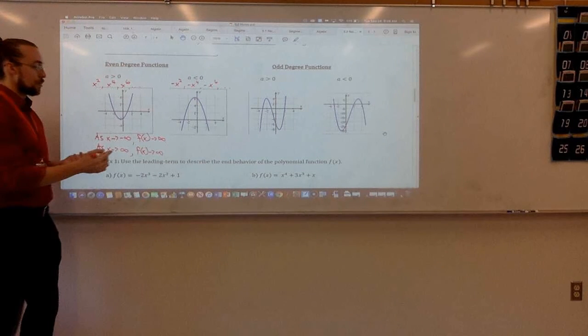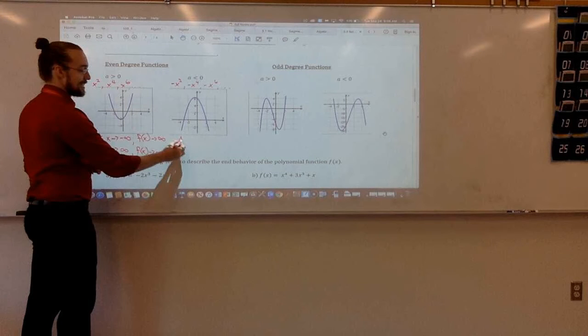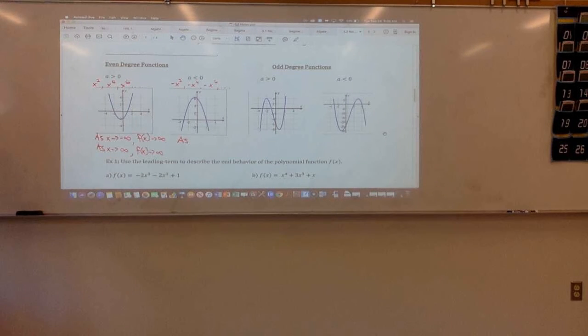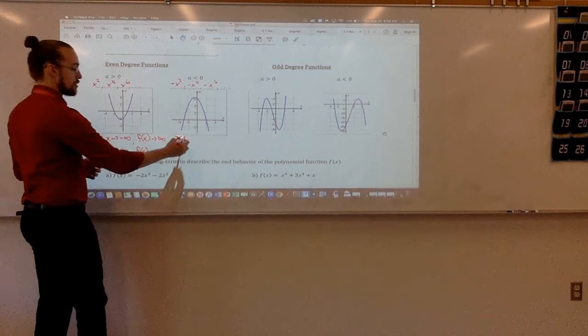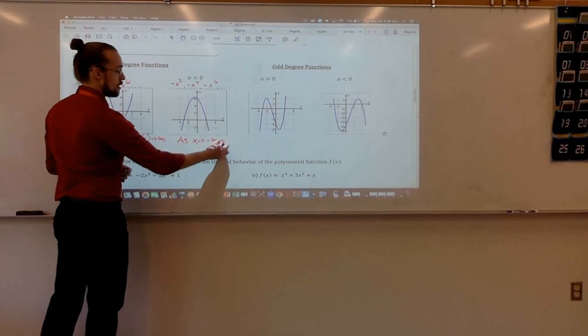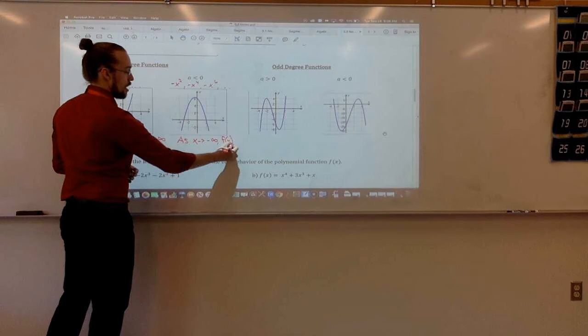So this time, the end behaviors, okay, what's happening on the ends of the graph, they're both going down. So we can say, as x goes to negative infinity, f of x goes to what?